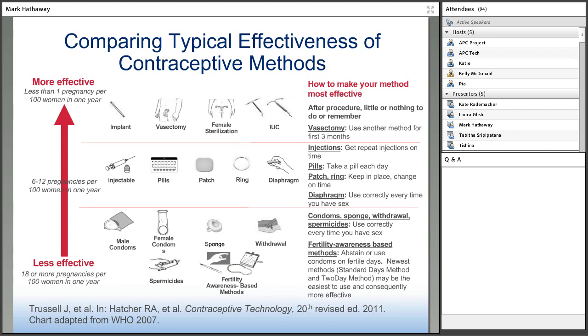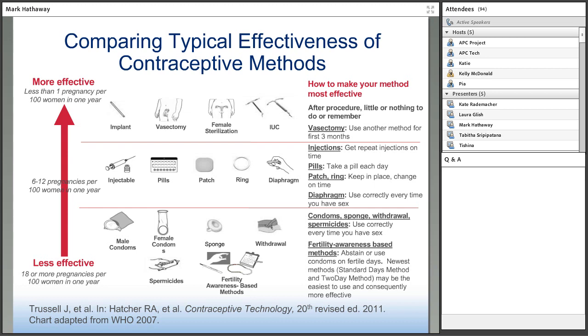When talking about different contraceptive methods, this is one of the charts that I like a lot. It's taken from James Trussell, and then it's been adapted several times by the WHO. It depicts the effectiveness of different contraceptive methods, with the most effective methods at the top. Less than 1 pregnancy will occur in 100 women using these methods.